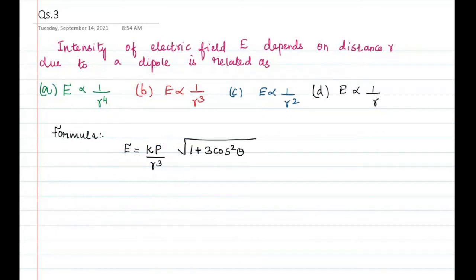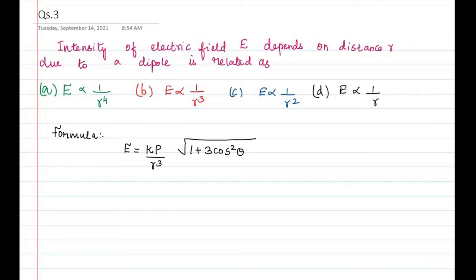Now, the intensity of electric field E depends on distance r due to a dipole as related by which formula? You have to find the relation between the electric field and the distance from a point, that is, the electric field due to the dipole at a distance r.